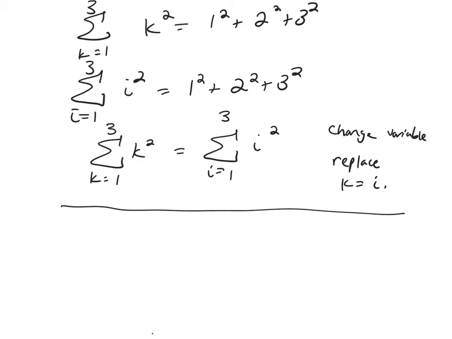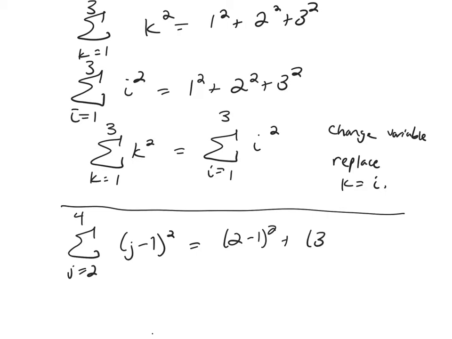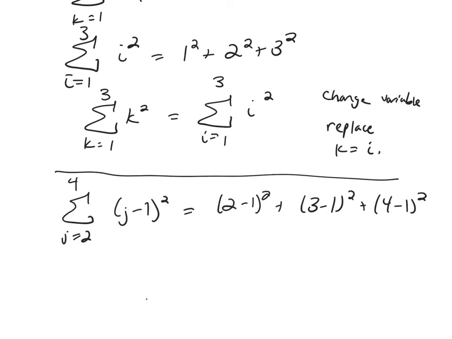But sometimes the change of variable is a little bit more complicated than that. So let's look at another one. The sum from j equals 2 to 4 of j minus 1 squared. So I could simplify the summation: 1 squared plus 2 squared plus 3 squared.